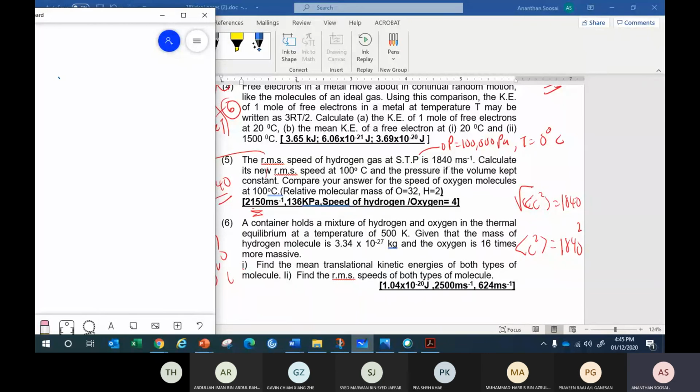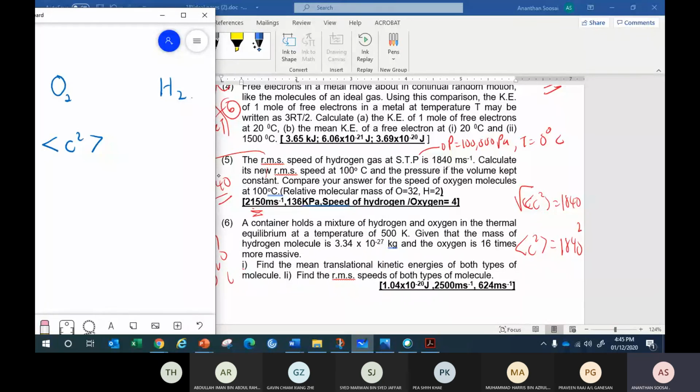So they are comparing oxygen with hydrogen. Compare the speed of the oxygen molecule. They just put speed. So for this speed, do you go for mean square speed or root mean square speed?